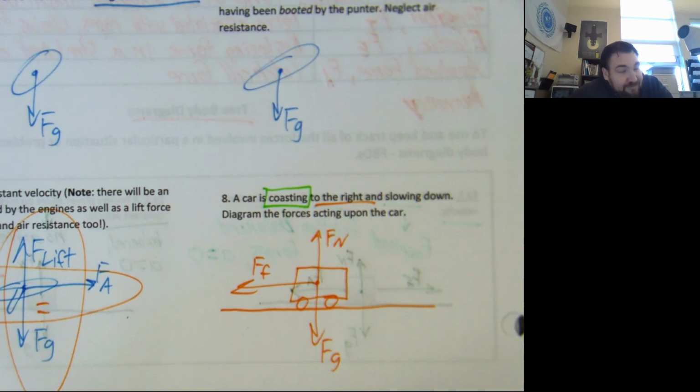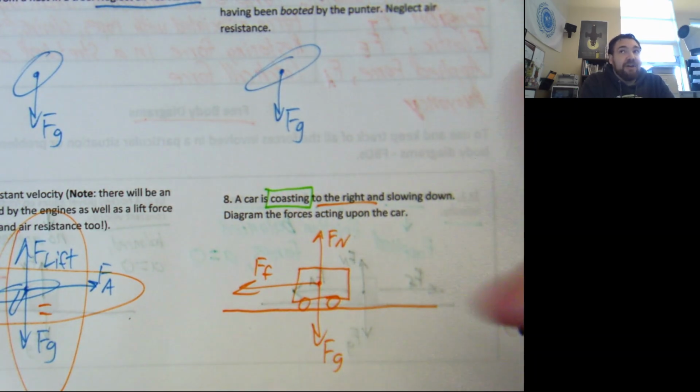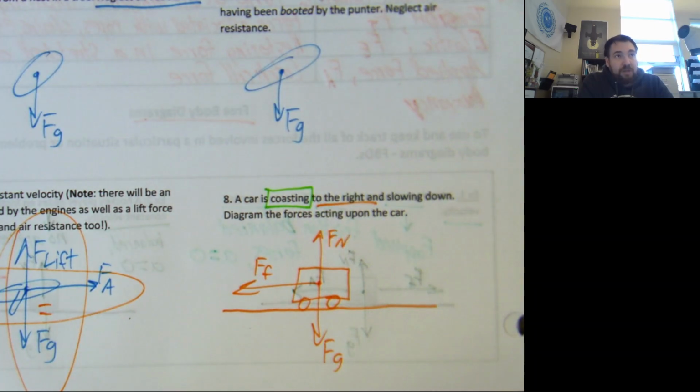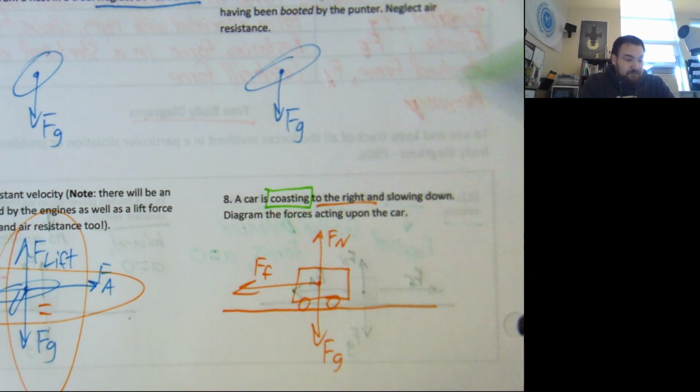Just because you don't have a driver's license doesn't mean you've never driven a car before. Coasting, that word coasting, again, lots of this is about analyzing the language that's there. That word coasting means if the engine is on, it's not impacting the car at all. Either the car is in neutral, you've pushed the clutch in, or the car could be off.